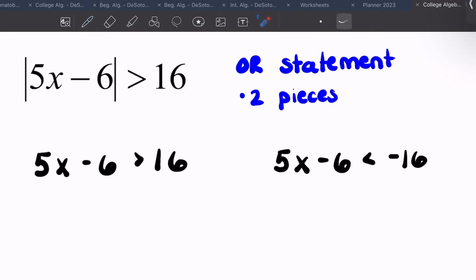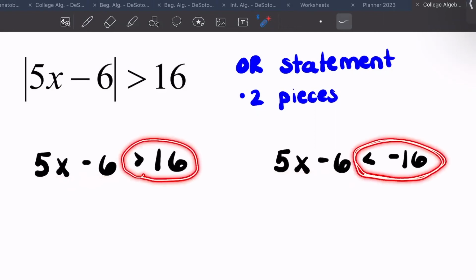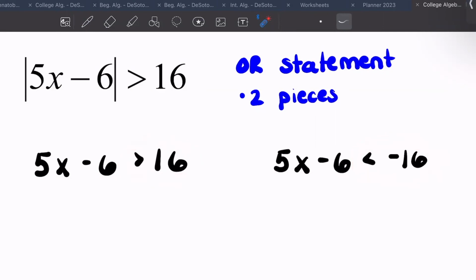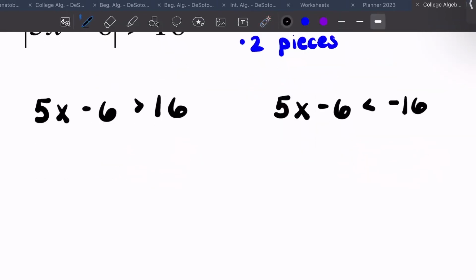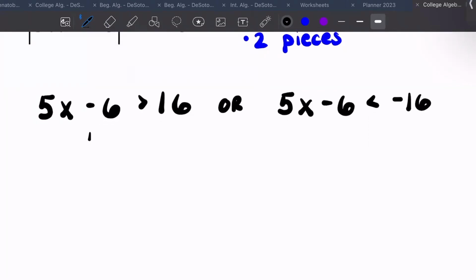This part stayed the same. These parts changed. I flipped my sign and changed from positive to negative. So I'm saying that either one of these is true. It's either greater than 16 or it's less than negative 16. So I'm going to solve both.